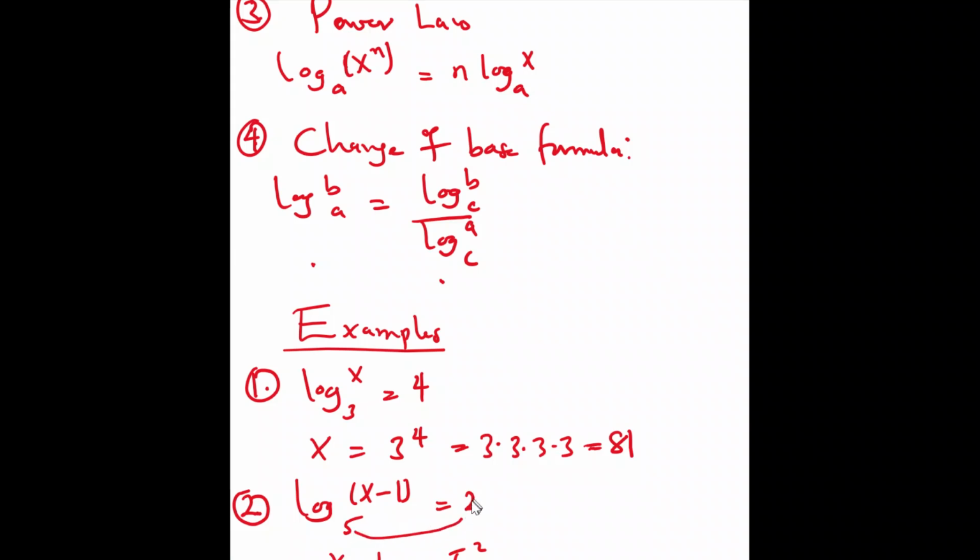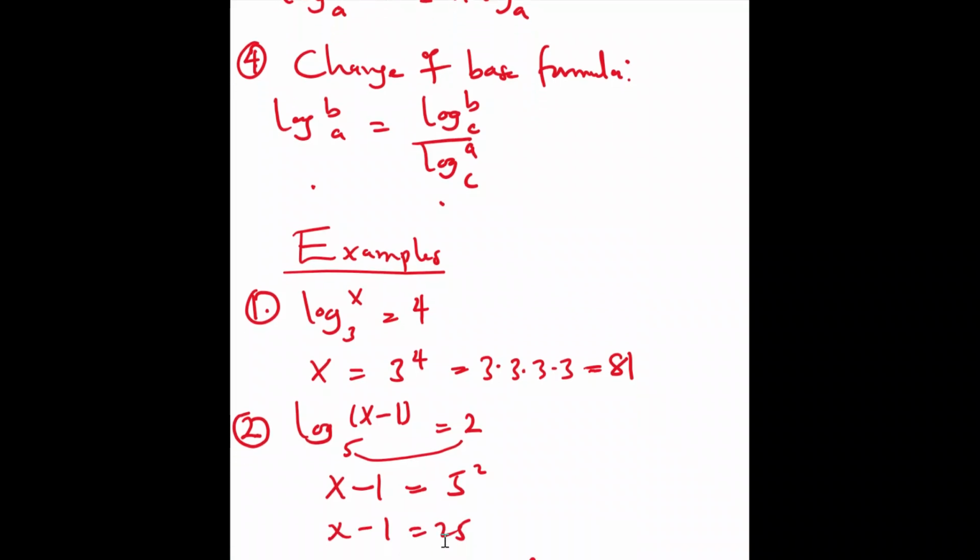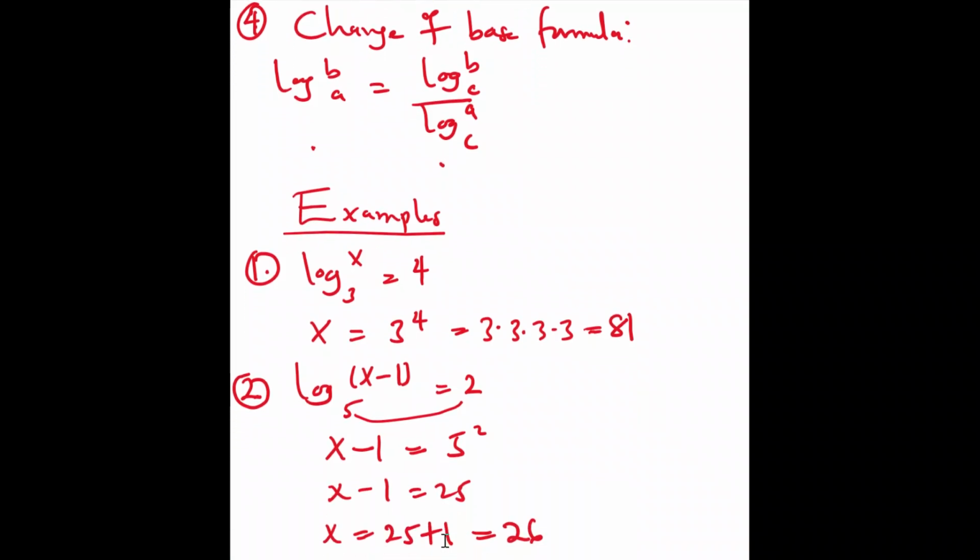This 2 will be the power of 5, so x minus 1 equals 5 raised to the power 2, which is 25. So x minus 1 equals 25, and x equals 25 plus 1, which is 26.